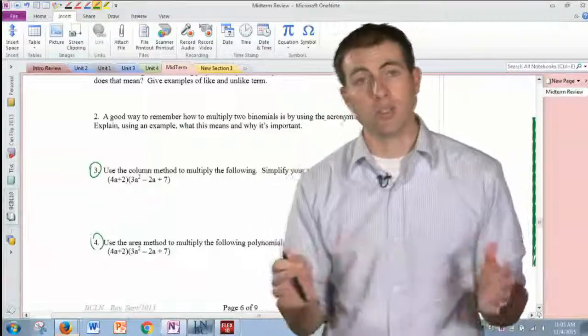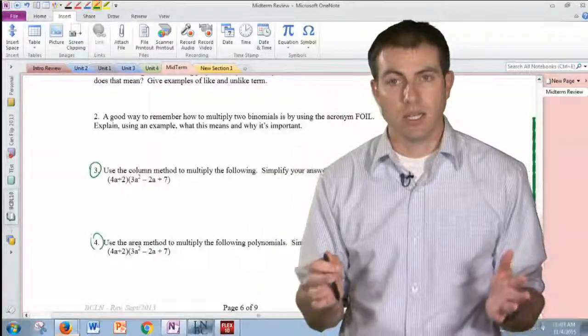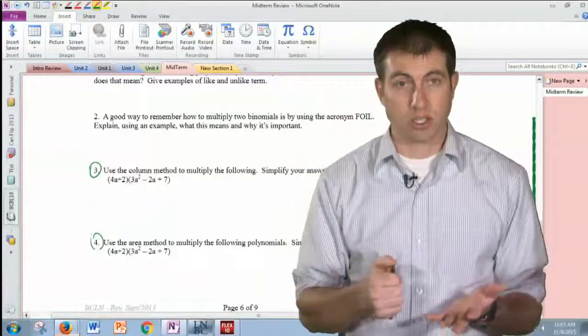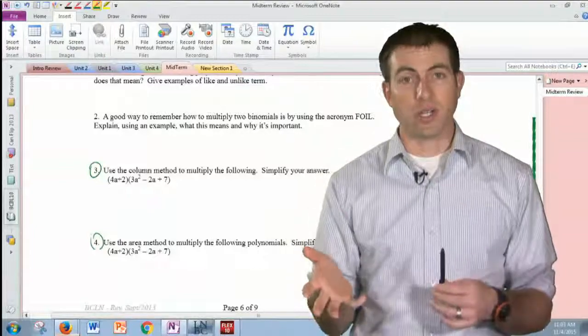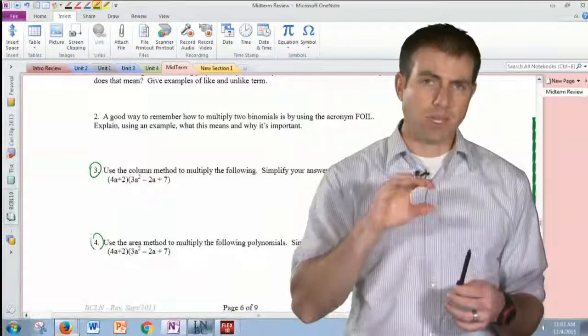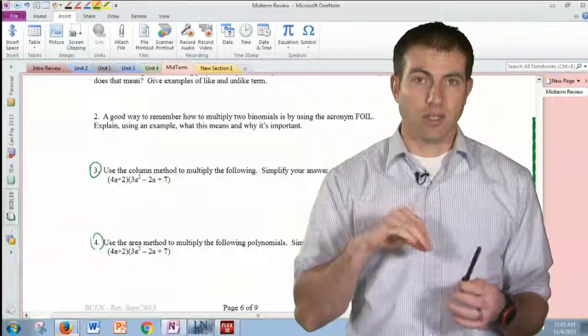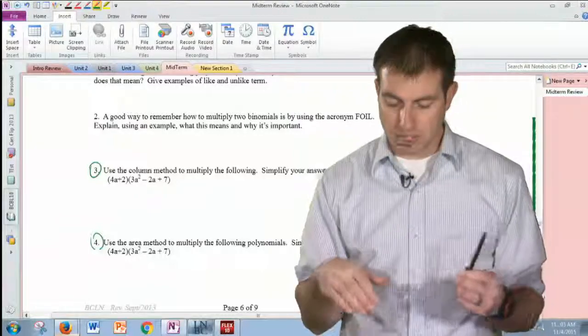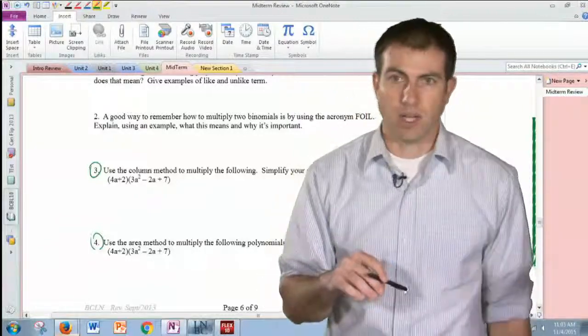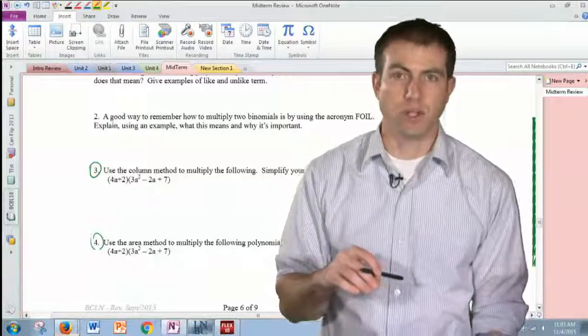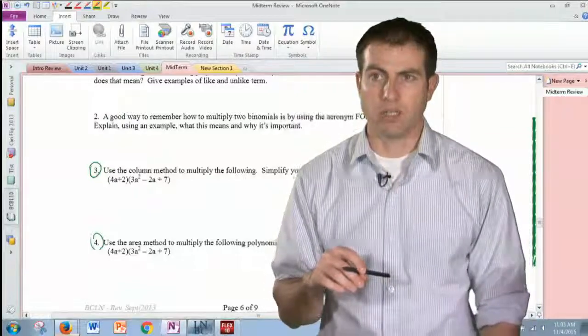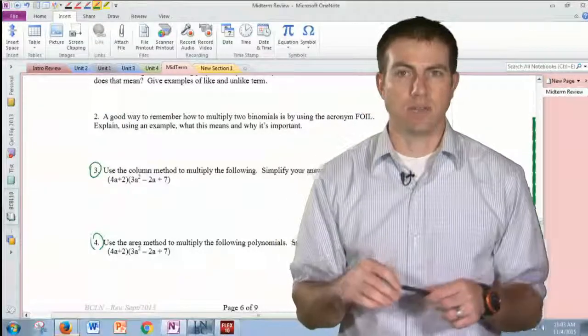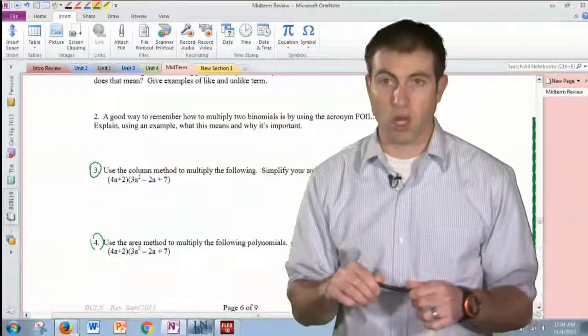So I have no issues if you just simply expand these. Now, with Jade, maybe I should ask the question: do you want me to expand it, or were you caught up on the column method or the area method for these two? I have a feeling you're probably pretty strong at the multiplication aspect of this stuff, but you can correct me if I'm wrong.